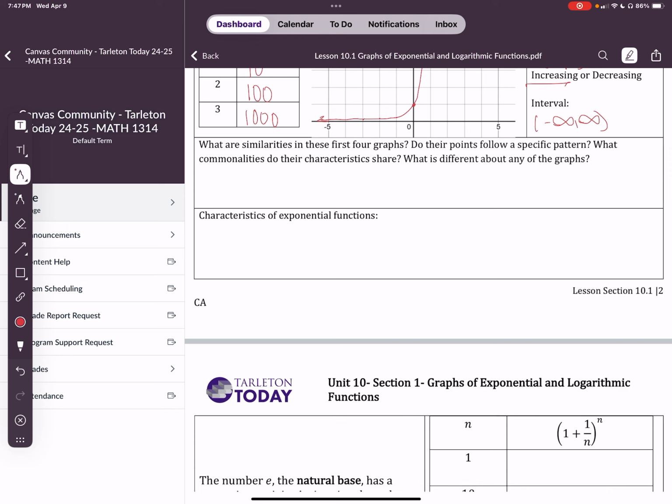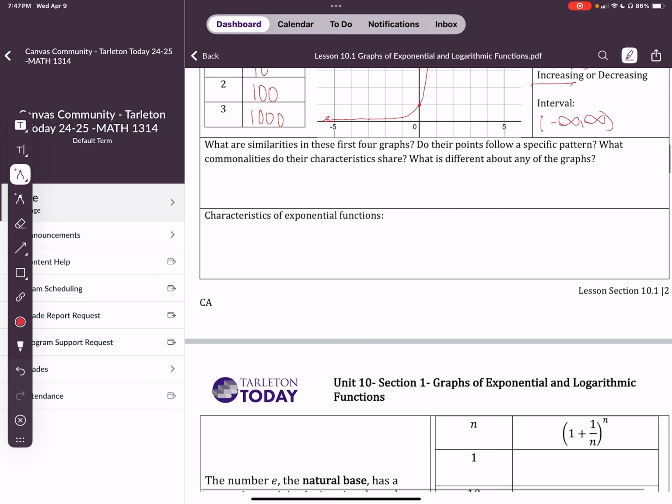So what are some similarities in the first four graphs that we just did? Do their points follow a specific pattern? What commonalities do those characteristics share, and what differences are there about the graph? So one thing that is the same is that they have the same domain, range, y-intercept, and horizontal asymptote.